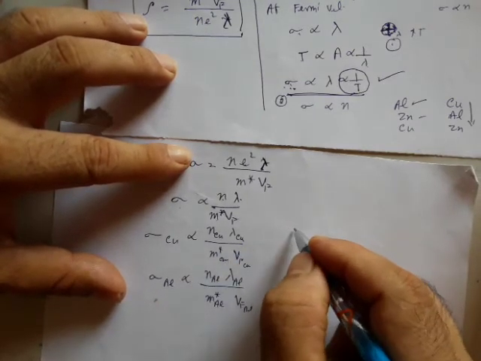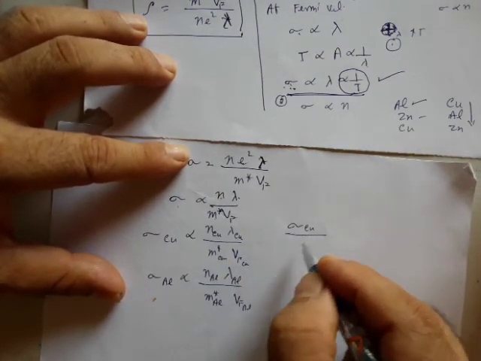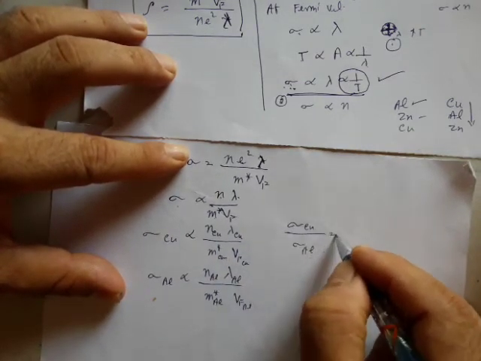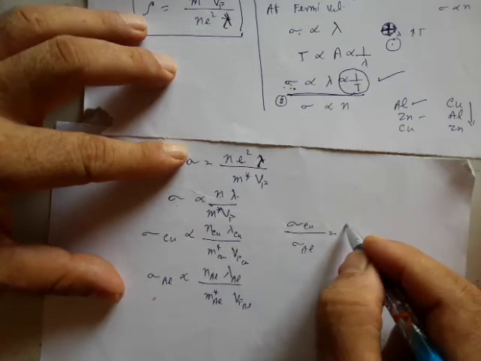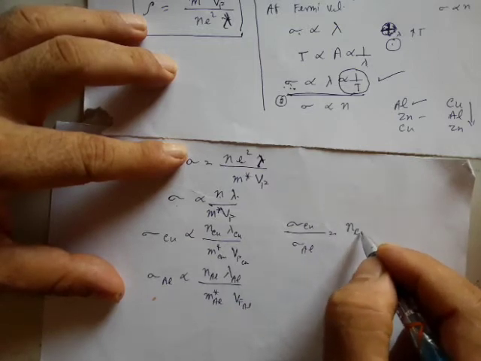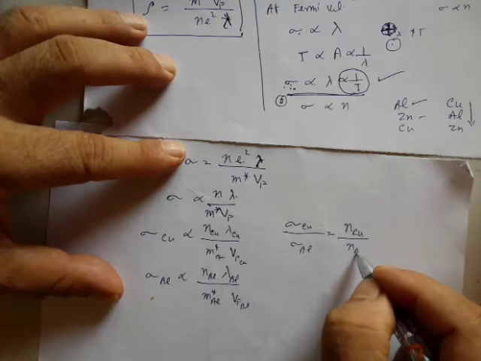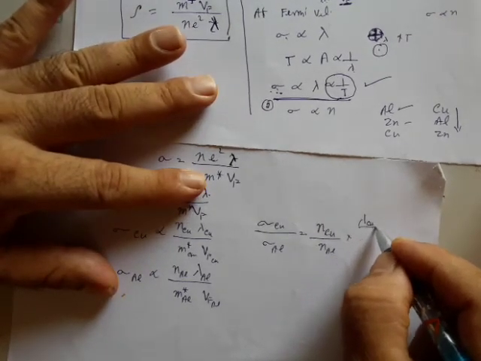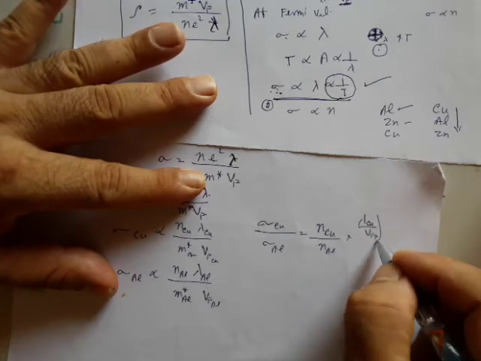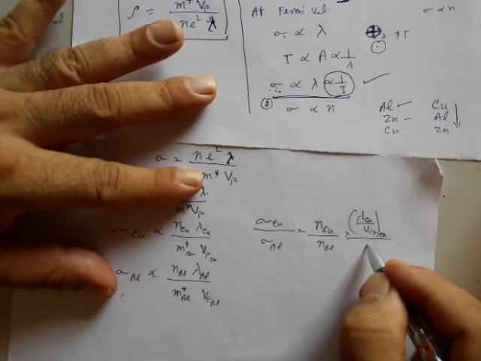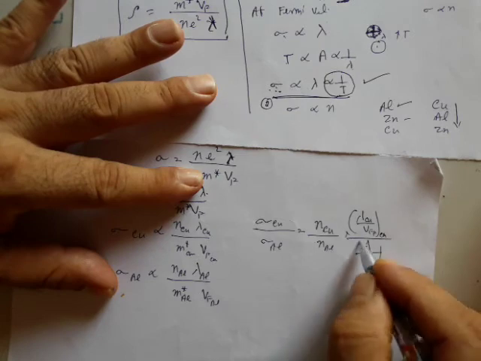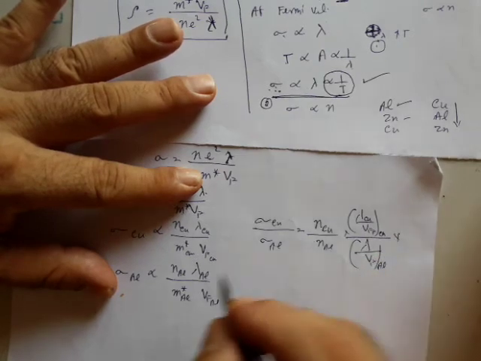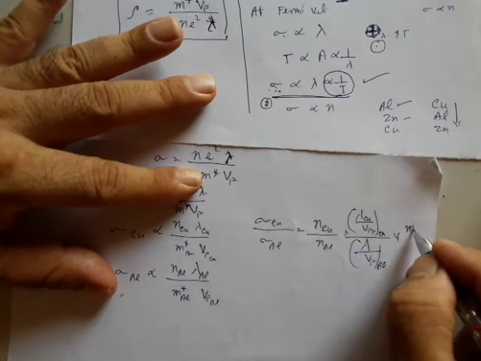Therefore, I can divide those two equations: sigma of copper divided by sigma of aluminium is equal to n of copper divided by n of aluminium, into lambda of copper divided by Vf of copper, divided by lambda divided by Vf of aluminium, into m star, they are reciprocal.